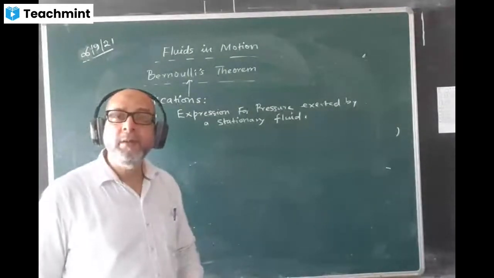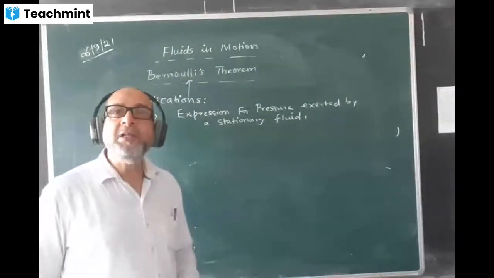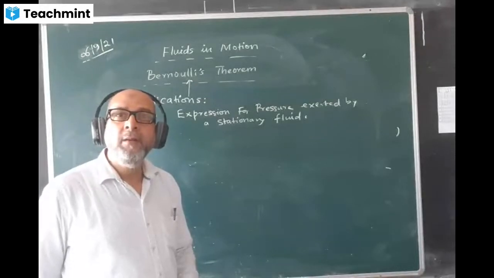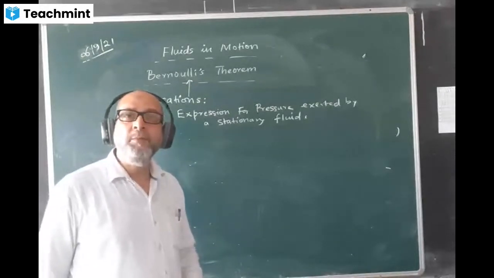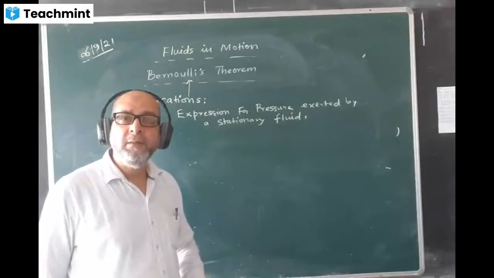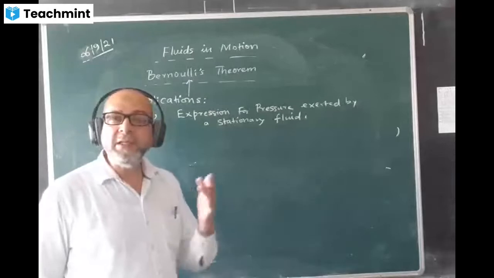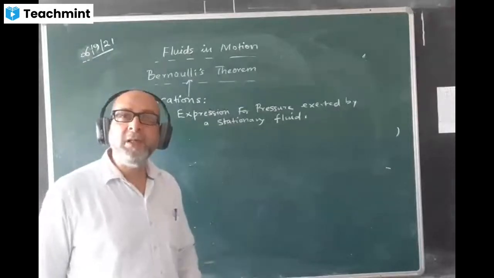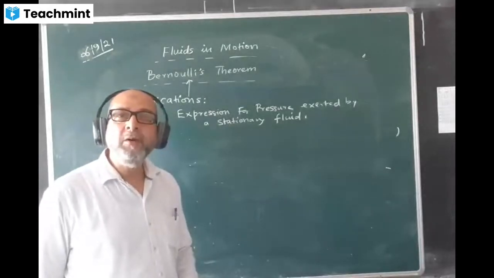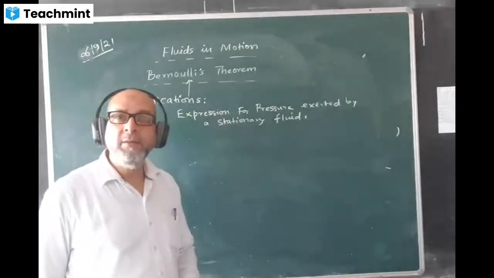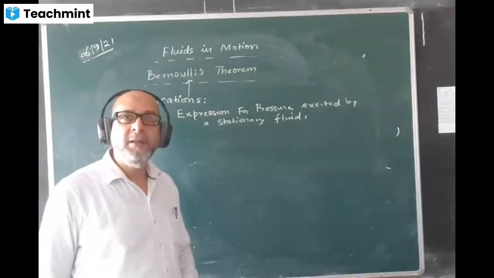P is equal to h d g. H is the height of the liquid column, d is the density, and g is the acceleration due to gravity. Do you remember this formula, hdg, or dgh?